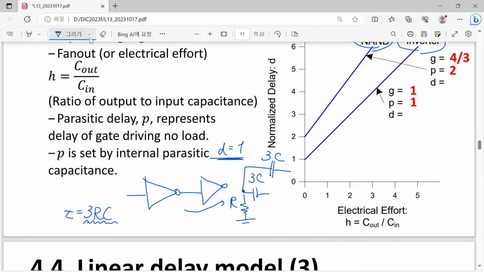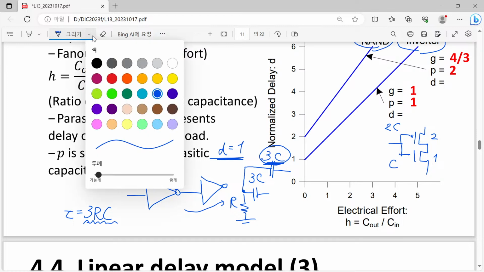Because if we consider this unit inverter, then it has also 3C as an input gate, because please note that when we consider this type of unit inverter, it has the width of 2 and the width of 1, so it contributes 2C and it contributes 1C. So that's the reason why we have to have 3C as input capacitor of our load inverter.